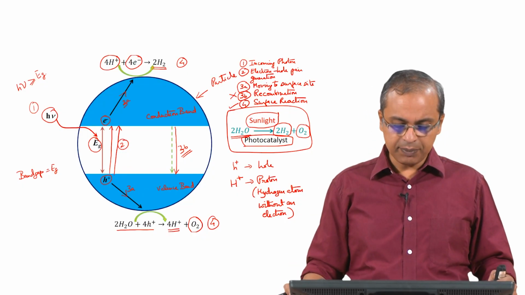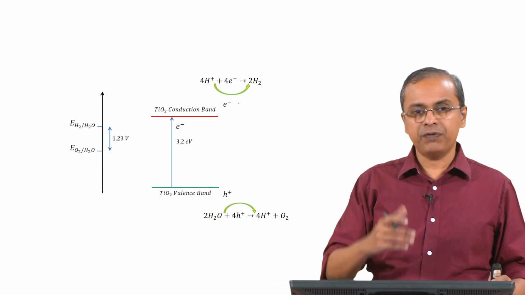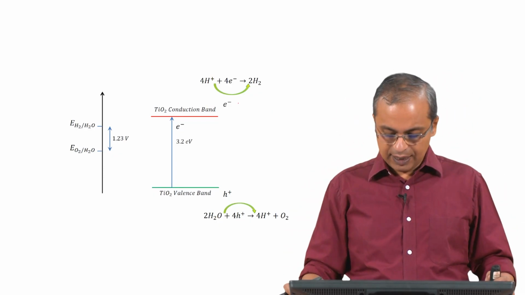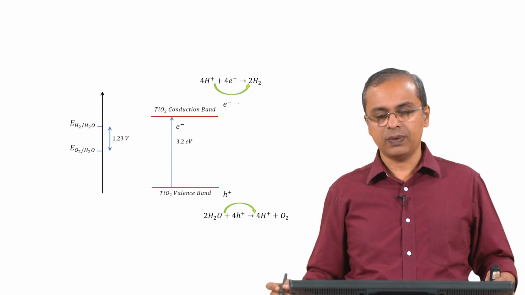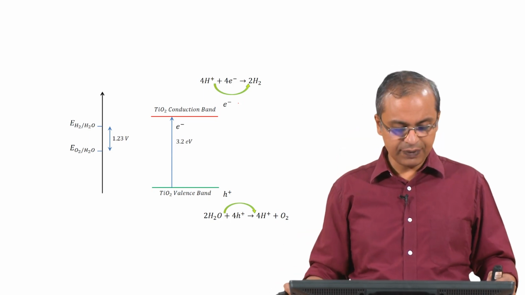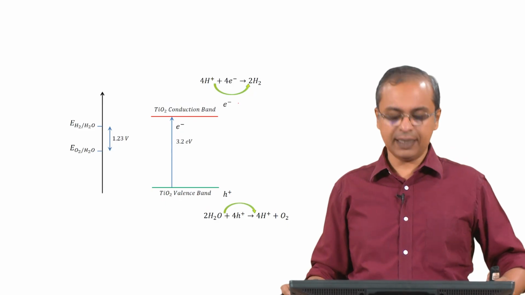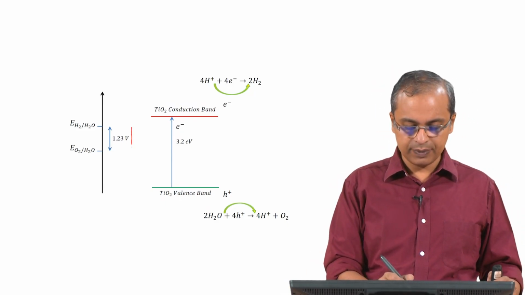Okay, so what are some considerations relative to this? If you go to the electrochemical series, you will have a potential for the hydrogen redox reaction, and that is usually set at 0 volts. With respect to that, you have the oxygen reduction potential, and that comes to 1.23 volts.